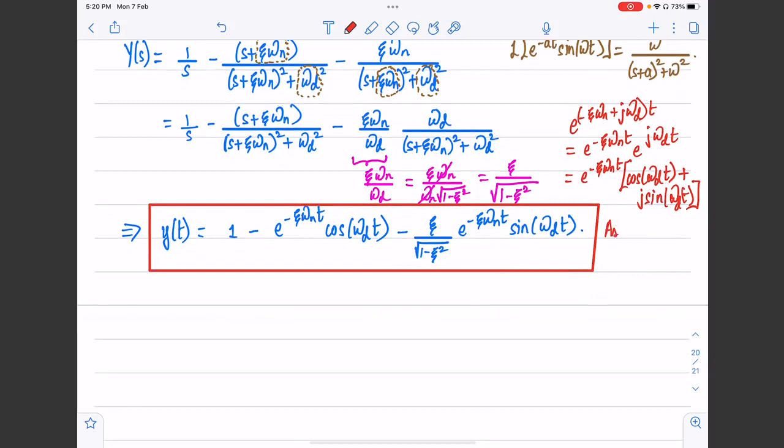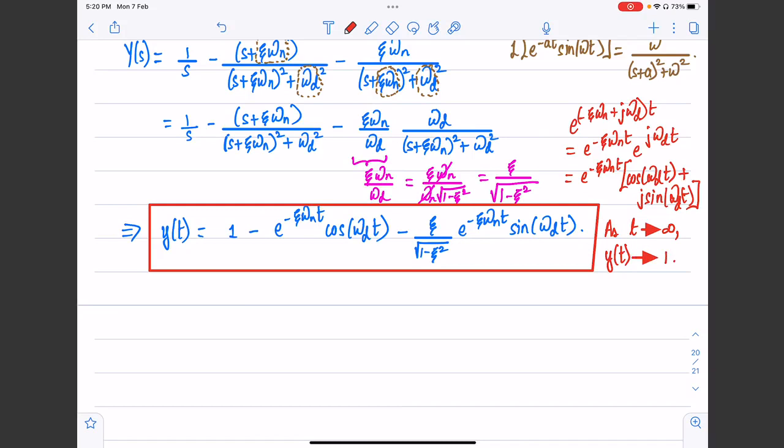Now, also, as time t tends to infinity, we can immediately observe that y of t tends to 1. Why? Because although we have cos omega d t and sine omega d t, there is an e power minus zeta omega n t multiplying the cos and the sine terms.